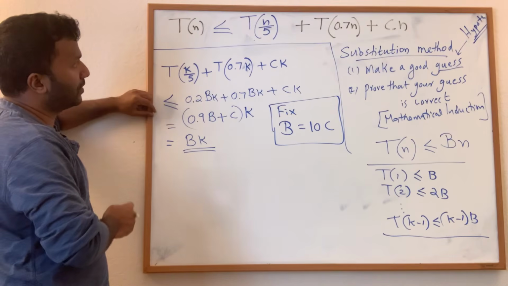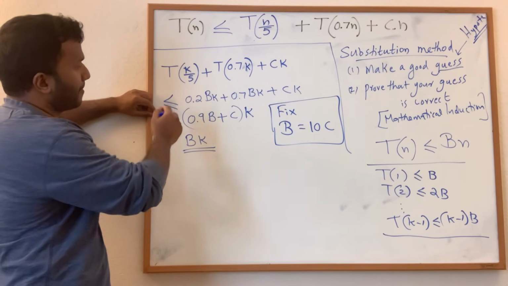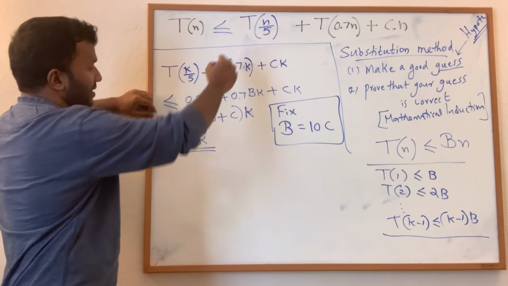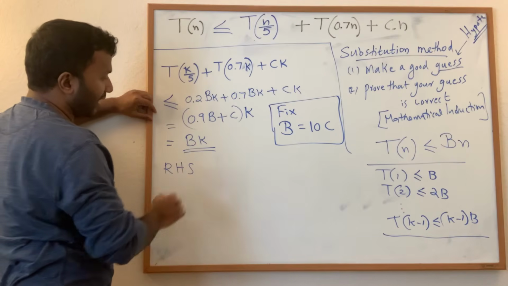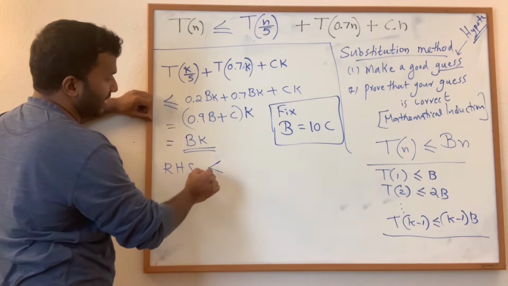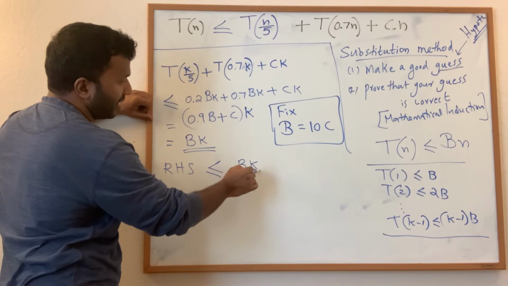So what we have just proved is this: the right hand side, the RHS is less than or equal to bk.